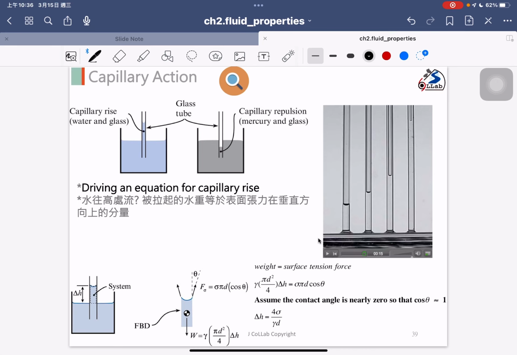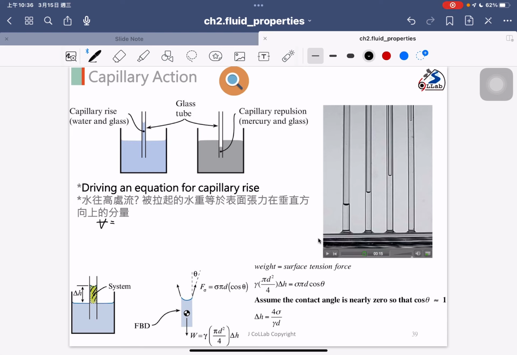So go back to the figure here. We know we have a rising height in that region, and we assume this is a cylinder water column. First we can compute the volume of this column, because we assume it is a cylinder shape.